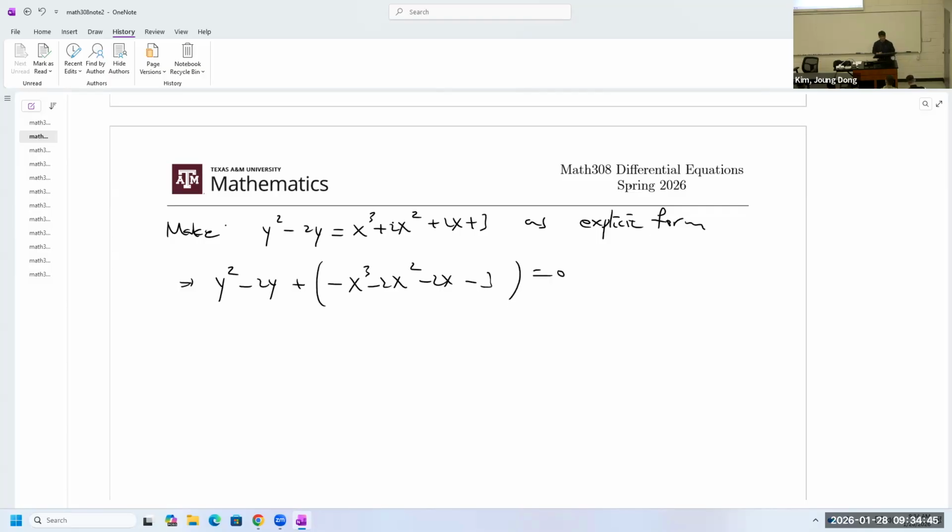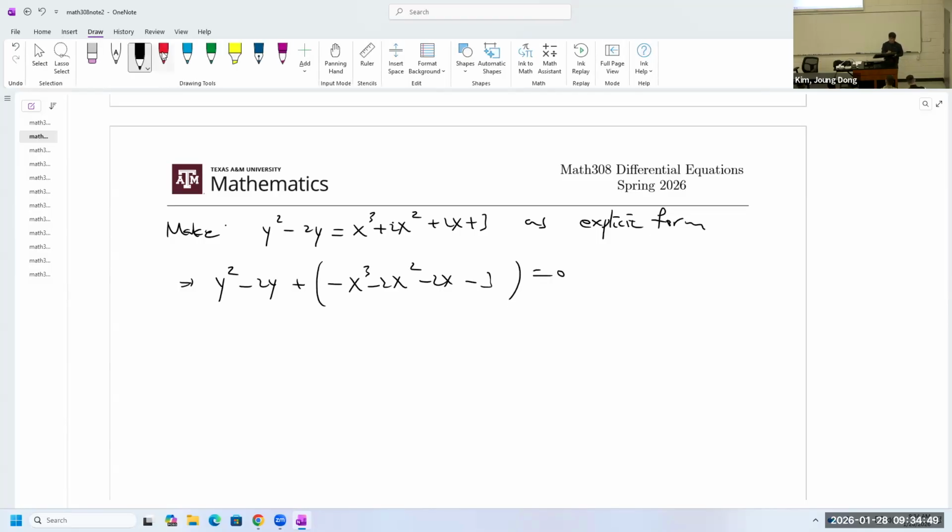You know what I'm doing, right? Because I just want to make sure about your A, B, and C for the quadratic formula. Your A is 1, and B is what? -2, and C is the whole expression in x. Because we're going to do the quadratic formula for y. Is it okay? You have to consider x as a constant, okay?